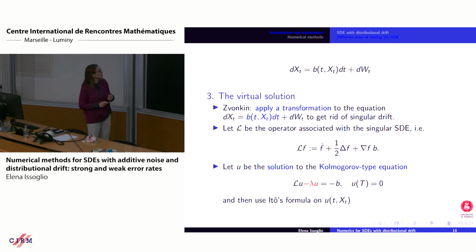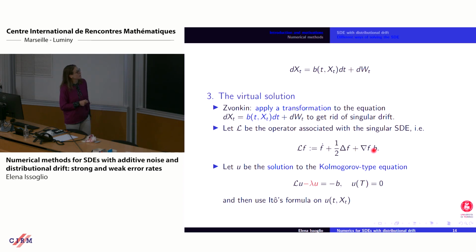Okay, and the third one is the virtual solution, which is the one we actually use to do the computations in the numerics. The idea of the virtual solution, like I said, is that you want to get rid of the drift by doing what Zvonkin did. You apply a transformation given by the solution to this PDE, where L is the formal generator of the SDE.